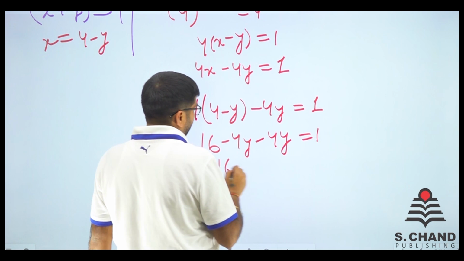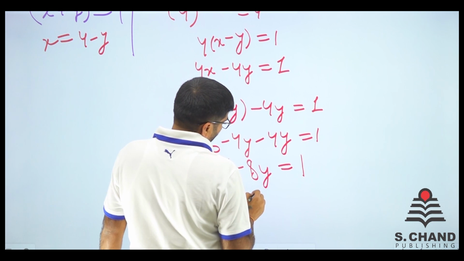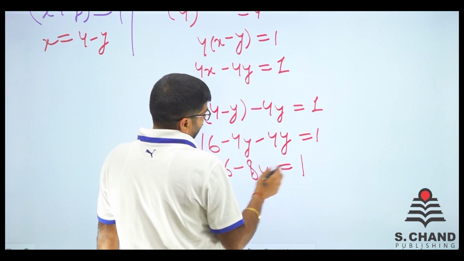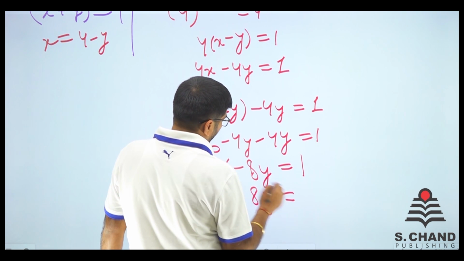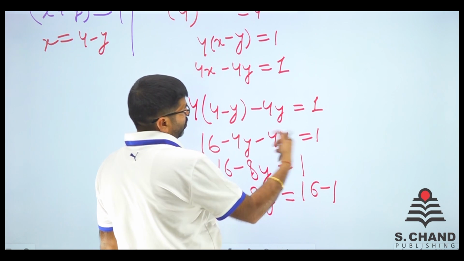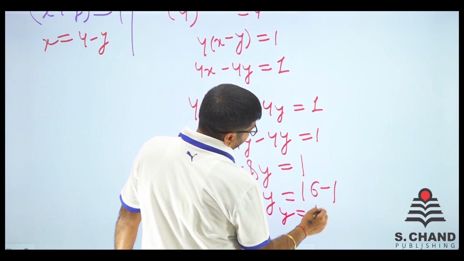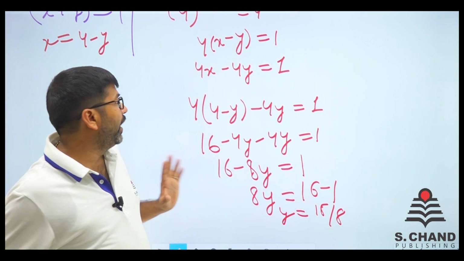So 16 minus 8y is equal to 1. So minus goes there, plus comes here. 8y is equal to 16 minus 1. So y is equal to 15 by 8. So I got y is equal to 15 by 8.